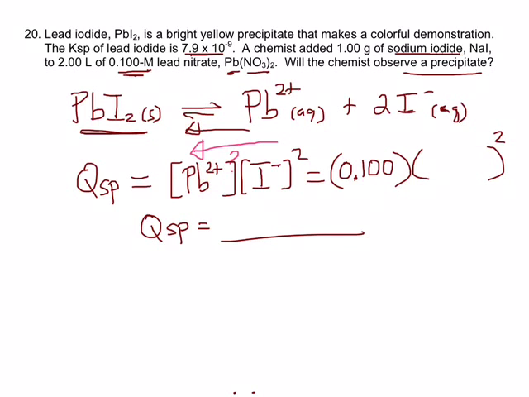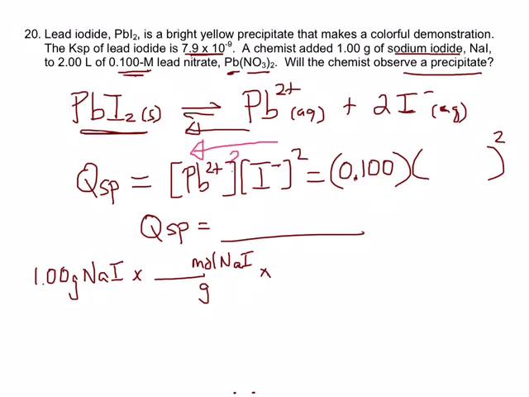Now what about the iodide concentration? The question didn't tell us that, but it did tell us that we've added 1 gram of sodium iodide to the 2 liters. So we can just go and calculate the iodide concentration. We can take the 1 gram of sodium iodide, and we can convert grams to moles of sodium iodide.